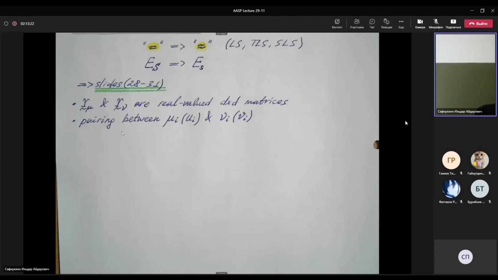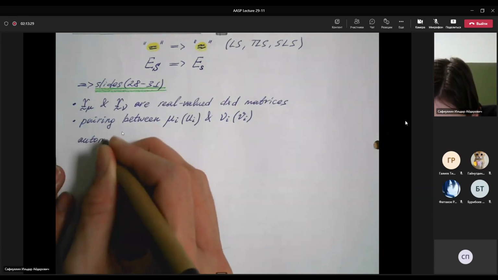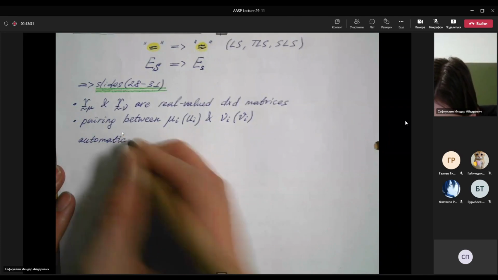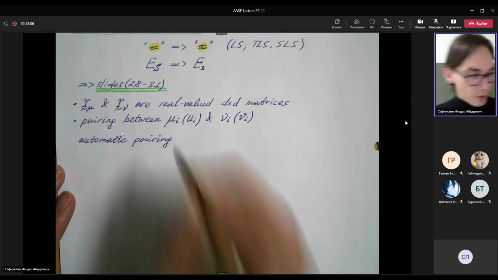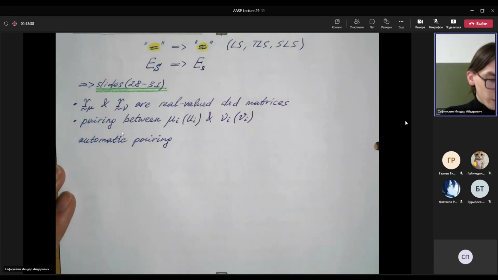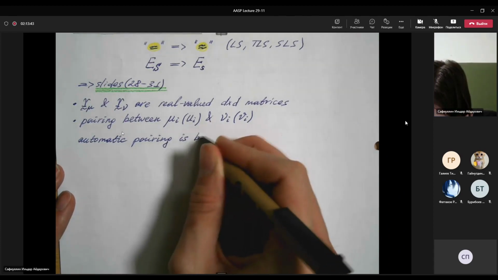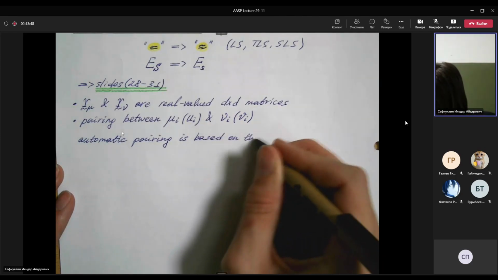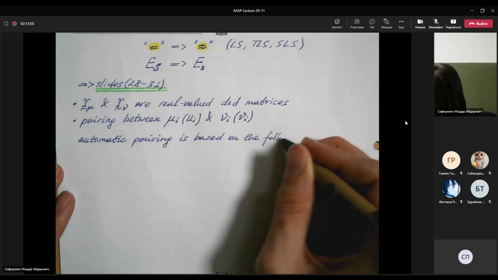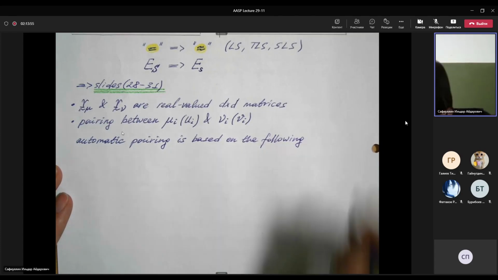And then let's write down that automatic pairing is based on the following observations.